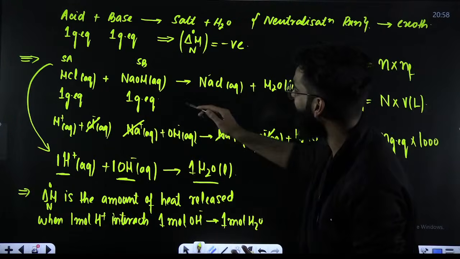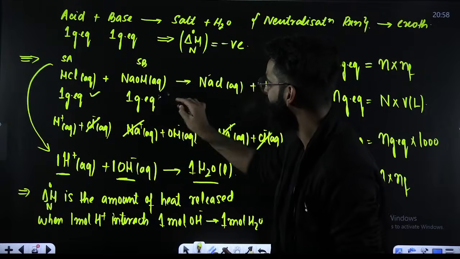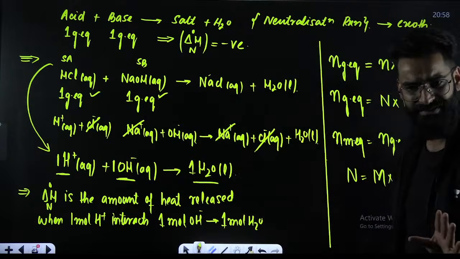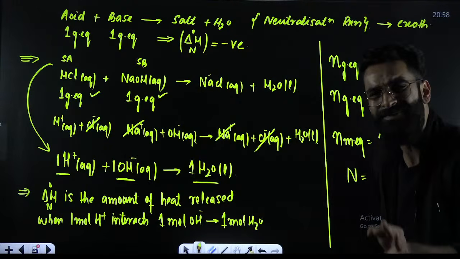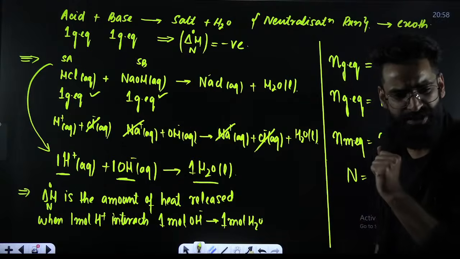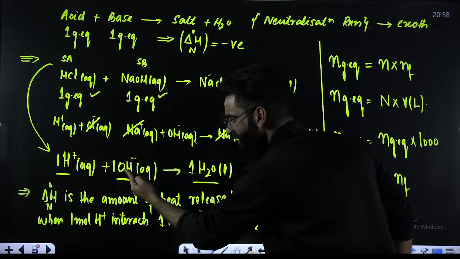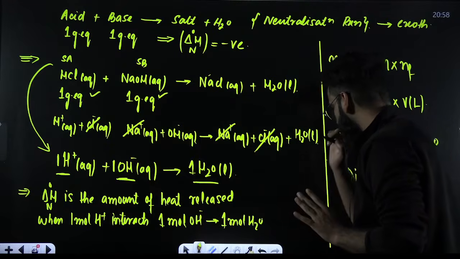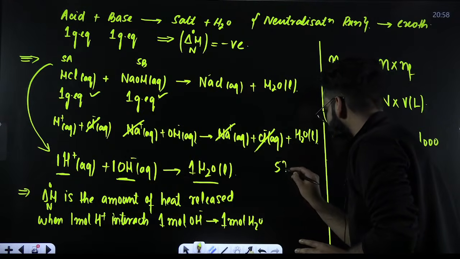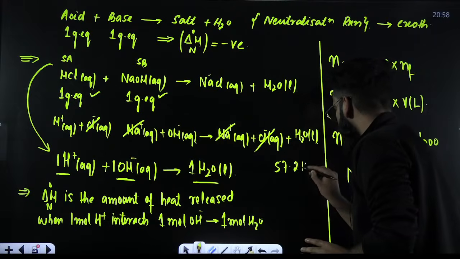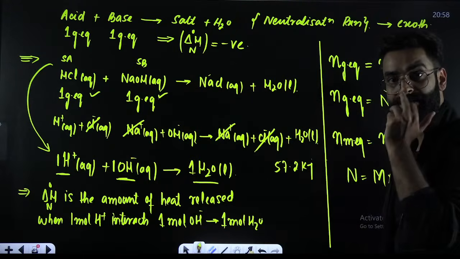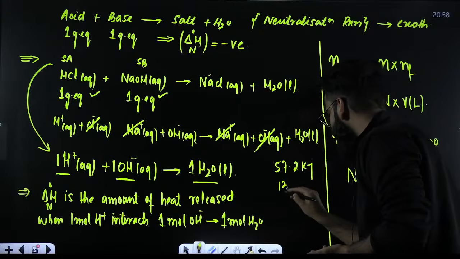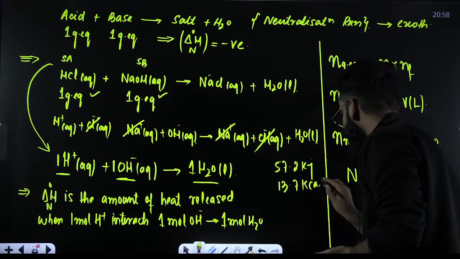So either you define enthalpy of neutralization like this, or you define it like this. One and the same thing. And let me tell you, experimentally it has been observed, when 1 mole of H+ interacts with 1 mole of OH- and forms 1 mole of water, the heat released during this process is 57.2 kilojoules, or in calories, 13.7 kilocalories.